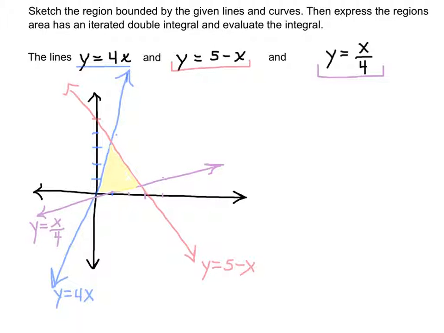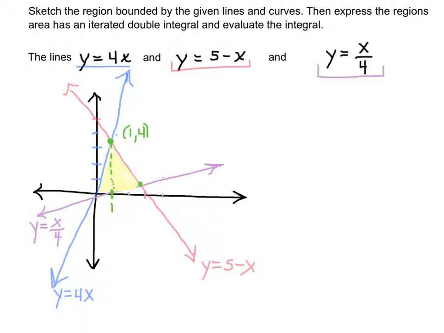So what we're going to do here is we actually have an intercept here at 1, and this is an x-intercept, and this point right here, where these two lines intersect, the blue and the red line, when x is 1, y is 4. So we're going to come down here, and we're going to divide the triangle that we've got here into two parts, a left-hand area and a right-hand area.